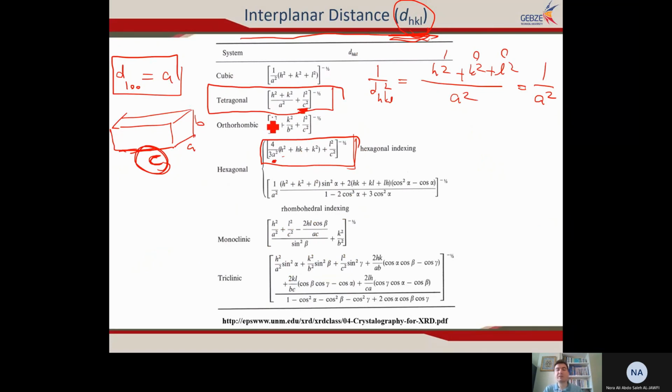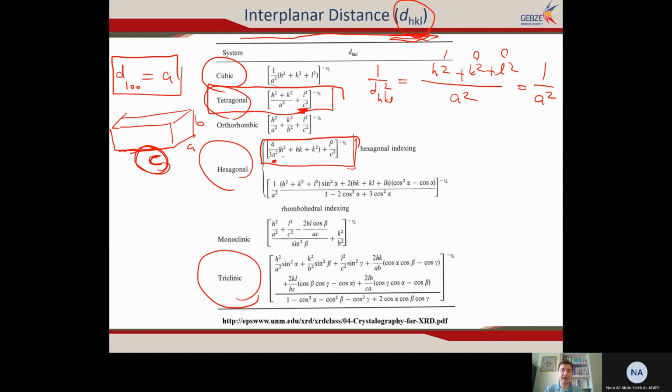So this is the interplanar distance, and this formula for the cubic, tetragonal, hexagonal, and other crystal structures will be very useful when you are analyzing the X-ray diffraction data, which I will show you.